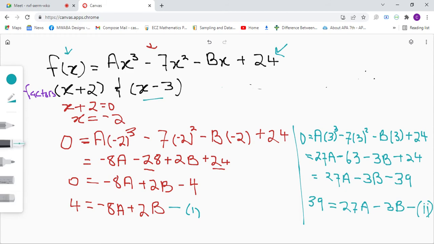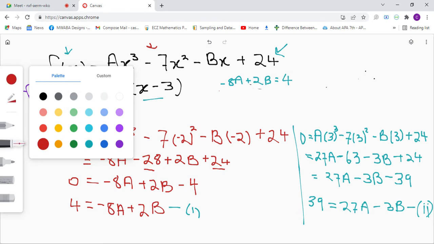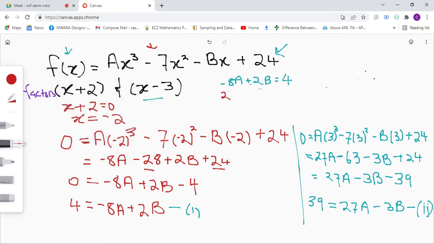So we've got negative 8a plus 2b equals 4, and we've got 27a minus 3b equals 39.